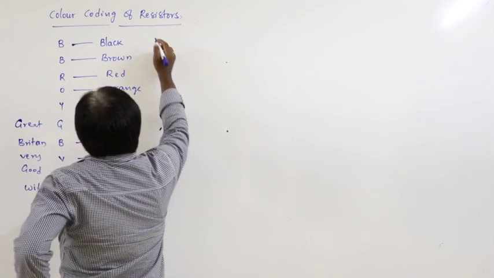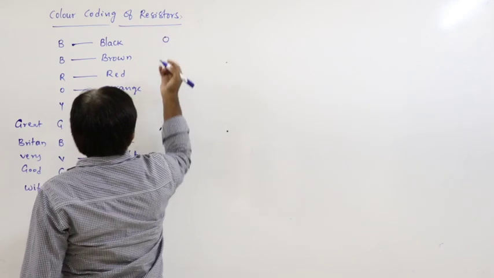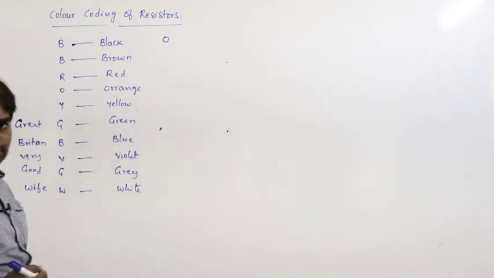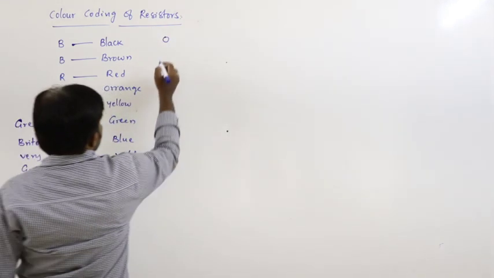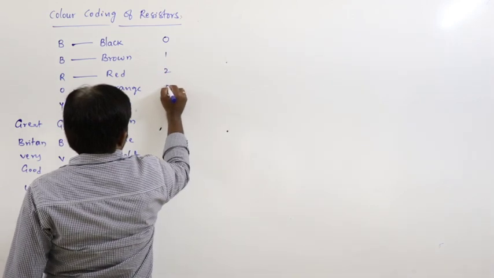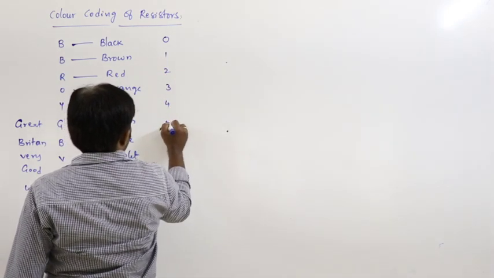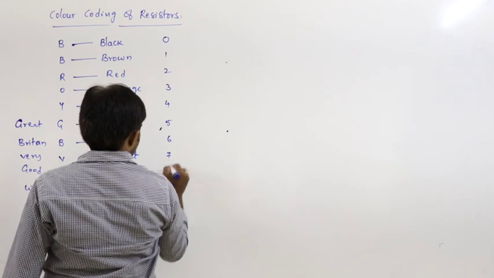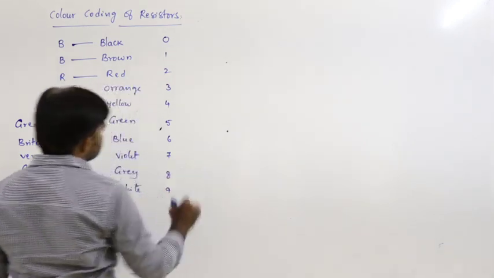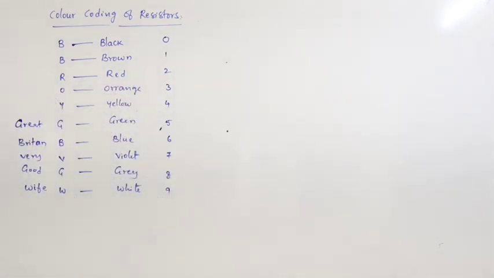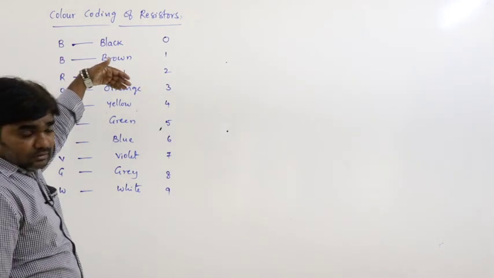First, black means 0, numbering. Next brown is 1, red 2, orange 3, then 4, 5, 6, 7, 8, 9. So this is the numbering of the colors, the order to follow.